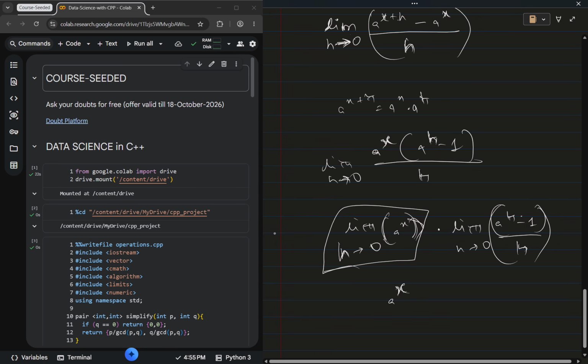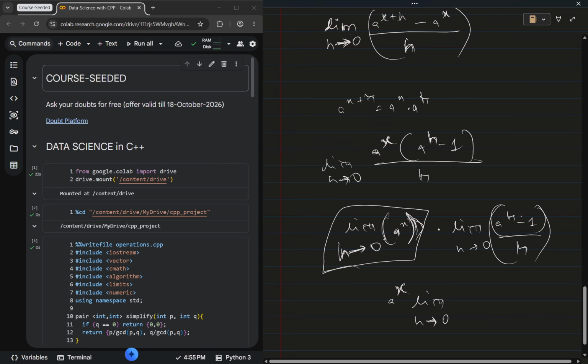So you can directly write this like this, and then you have your limit h tending to 0. Actually this doesn't have to be a continuous function, but it's not relevant to h, so we can just treat it as a constant for this limit.